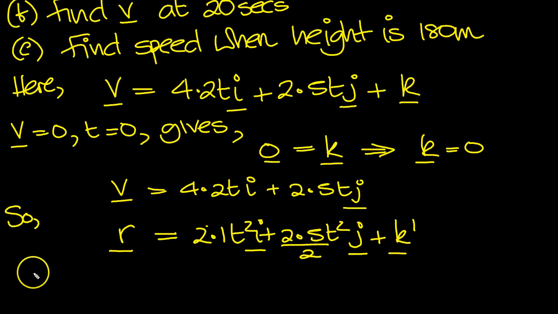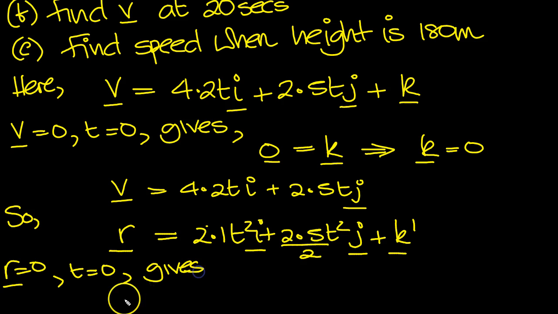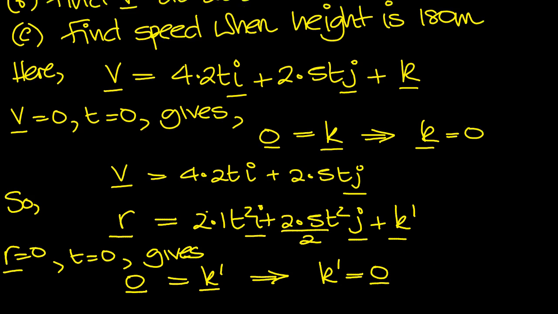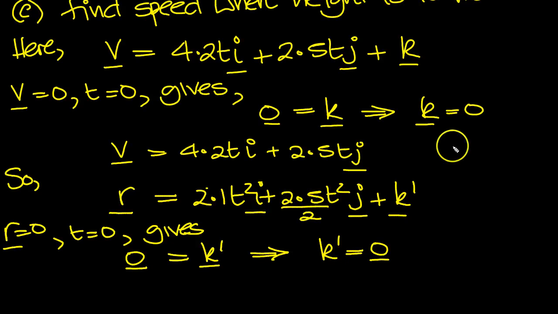Okay, so r equals 0 when t equals 0 gives 0 is equal to, this will be 0, this will be 0, plus k dashed. So that tells us that k dashed is equal to the zero vector.